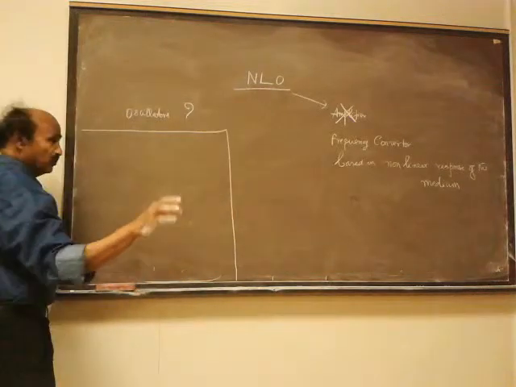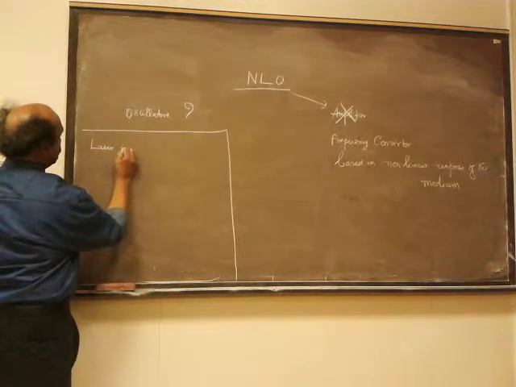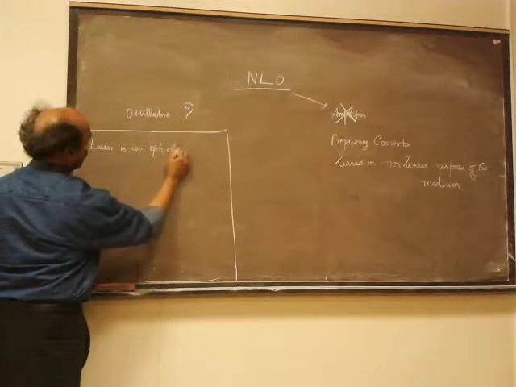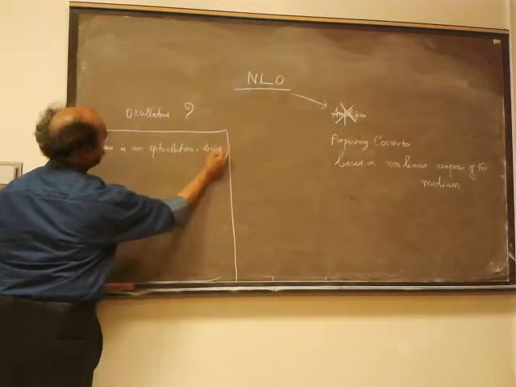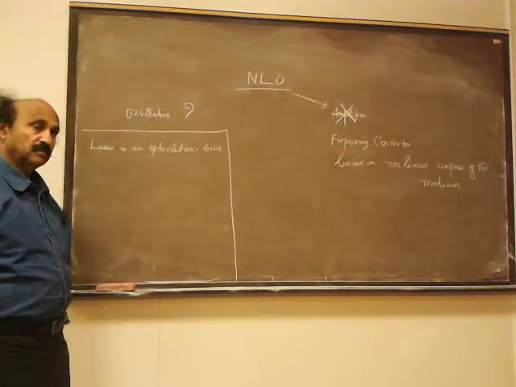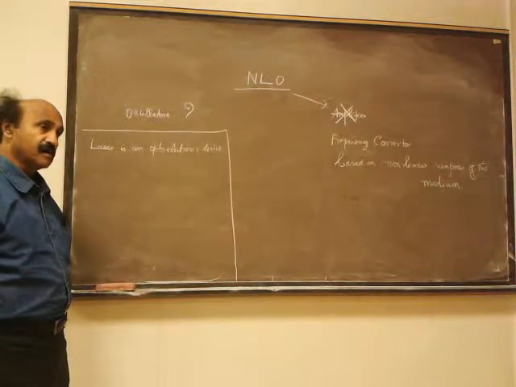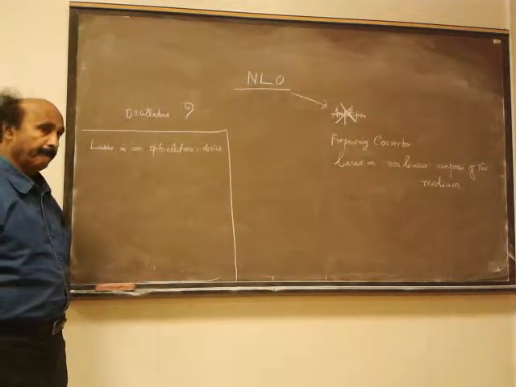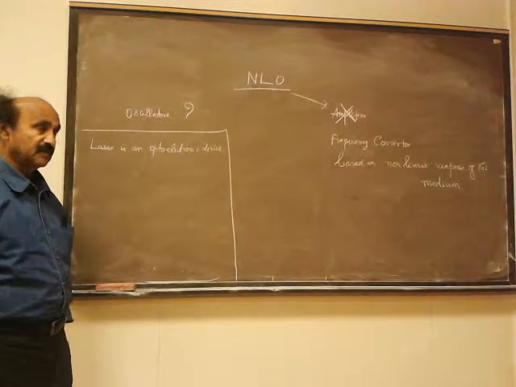Laser is an optoelectronic device. Why is it optoelectronics? Any idea? I tried, but I couldn't find that exact information. Do you have any idea why it is called an optoelectronic device?